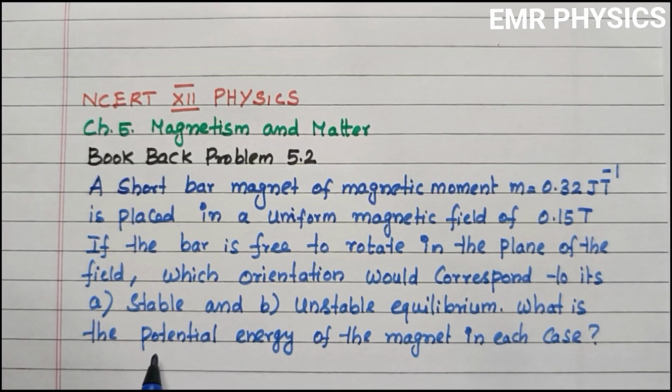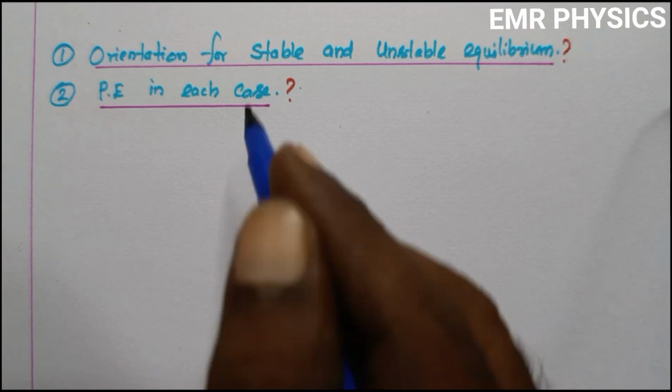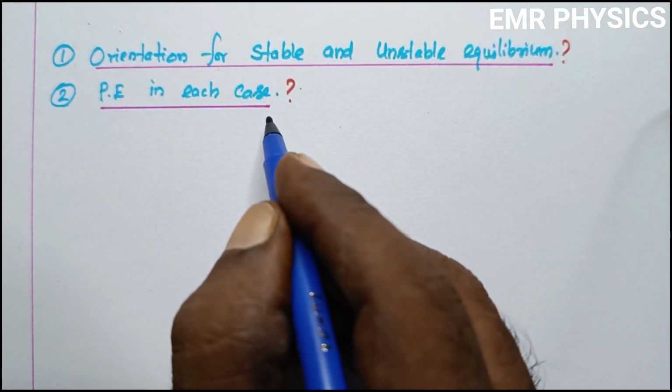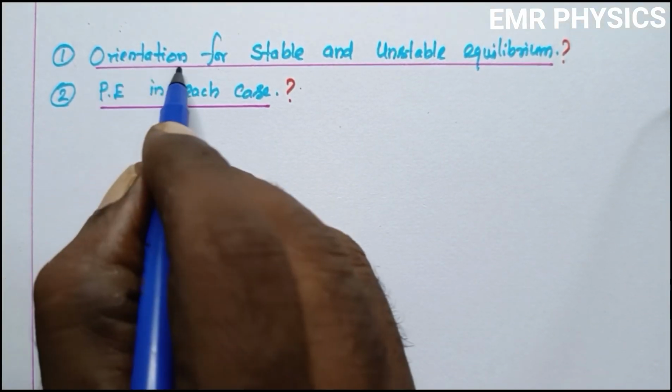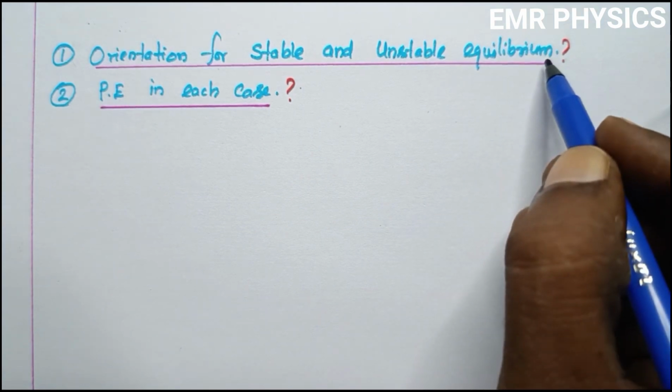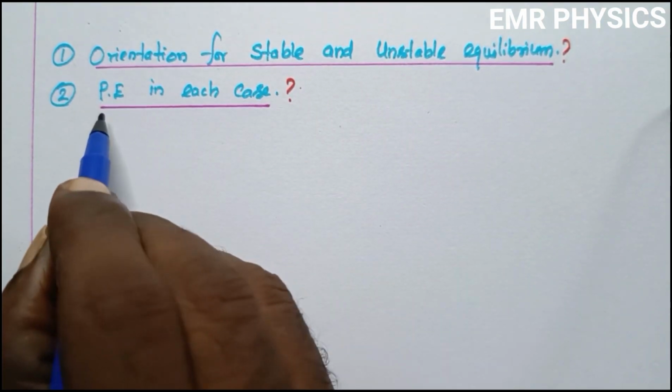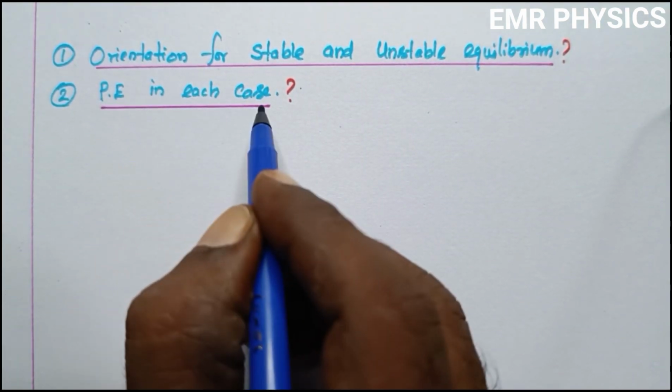Also, we have to find the potential energy in these two cases. Now, let us see how to solve this problem. There are two questions to be answered. First, find the orientation for stable and unstable equilibrium. Second, find the potential energy in each case.